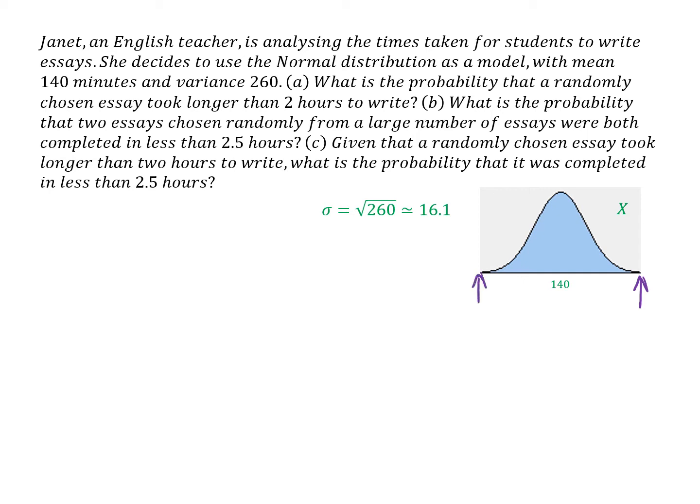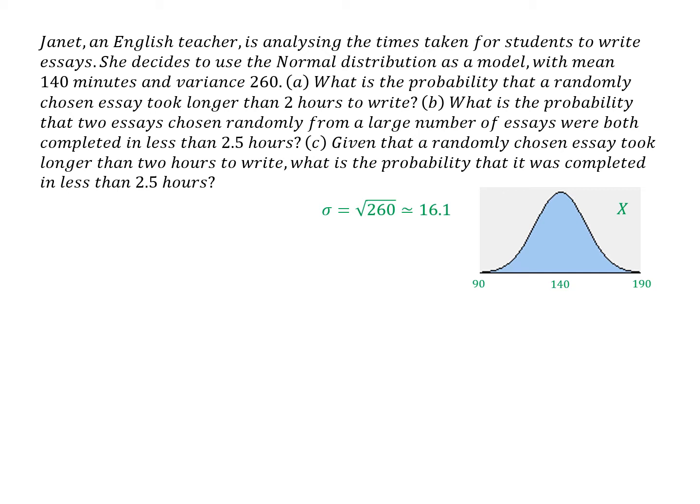This point here will be the mean minus 3 standard deviations. So 3 standard deviations is around about 50. So those two numbers are 190 and 90. So that gives me a roughly accurate scale figure, a scale drawing.